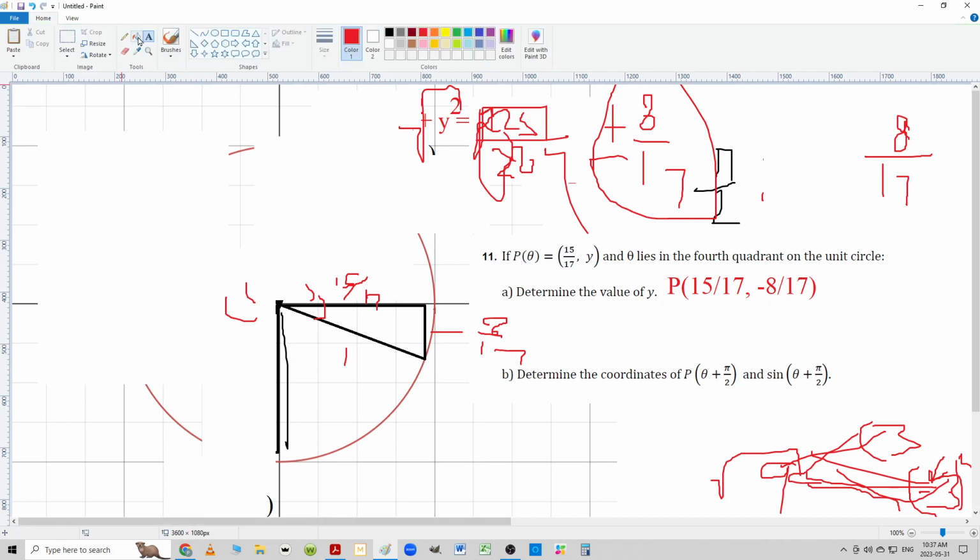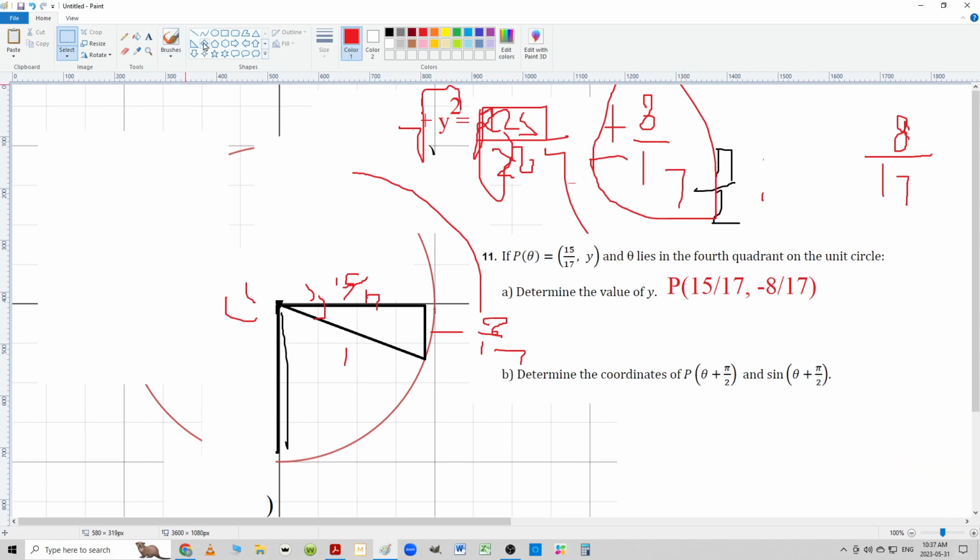Now, when we rotate it, the x and the y swap. Let's just do that and see if I can rotate it. I'll flip on the vertical and the horizontal. So when I rotate that triangle 90 degrees left, which is what you do when you add pi over 2, we can see that the x, y coordinates swapped and are both positive because we're in quadrant 1 now.